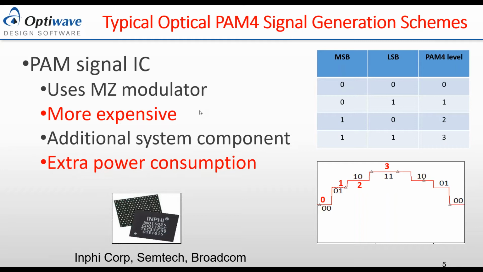On top of that, the power consumption is almost doubled. And when you talk about hyperscale data centers, heat removal is also a huge challenge. So what we need is a PAM4 signaling scheme that, instead of using the Mach-Zehnder modulator, uses other techniques which are less expensive and do not consume as much power. If we could do that, we would be in a much better shape.